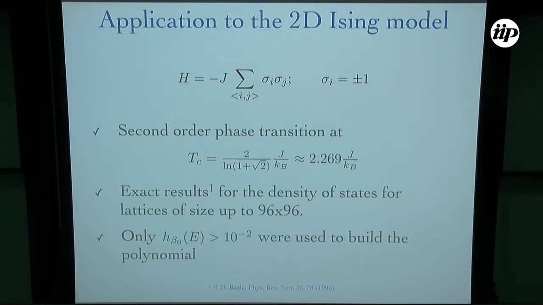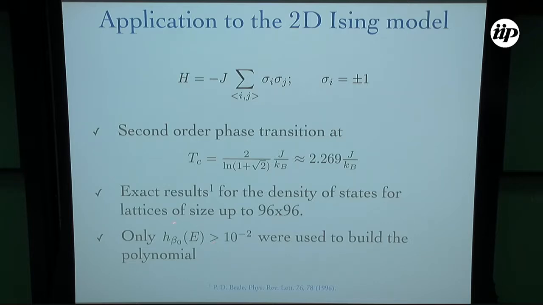For size, we could calculate it up to a 96 by 96 lattice, okay? So here I will use the exact results for the density of states to build histograms, and then I will cut the histograms to calculate zeros, okay?